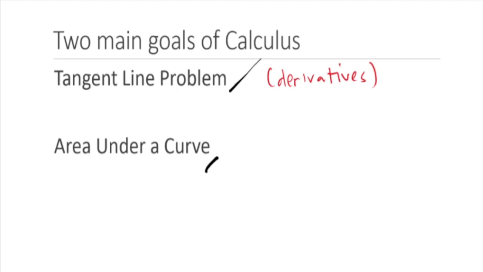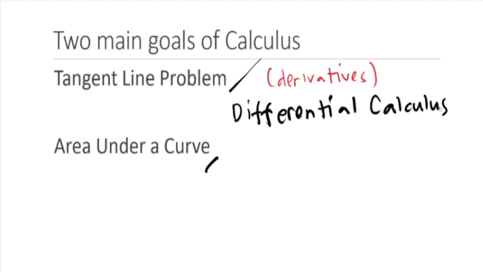So everything you have learned from your differential calculus course, it pertains to finding the solution to the tangent line problem. Now for area under a curve, ito naman yung integral. So ito yung i-discuss natin for integral calculus.